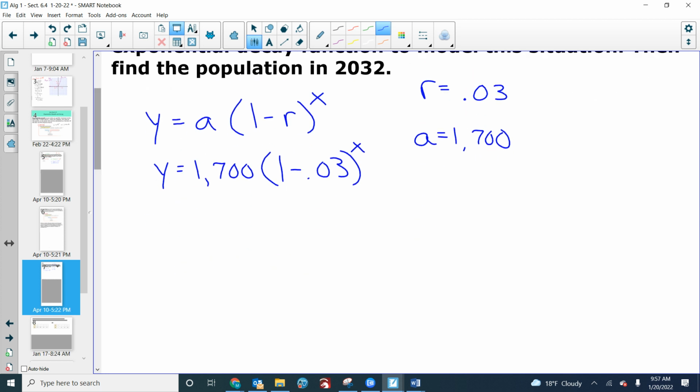I prefer to write it 1,700 times, what is 1 minus 0.03? 0.97, very good. 0.97 to the x.